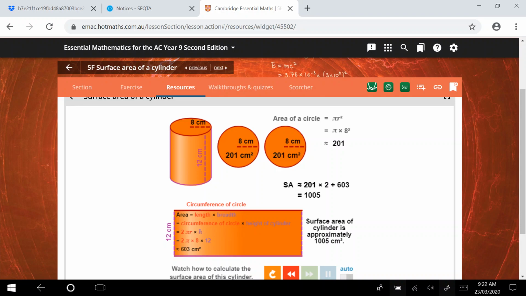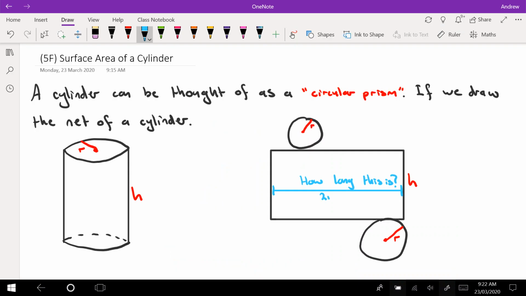And we can just figure out that the formula is 2 pi r. That length of my curved surface area is 2 pi r.